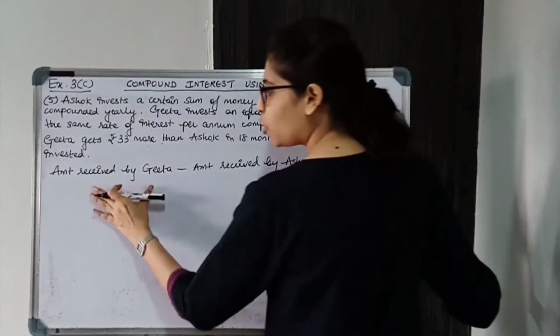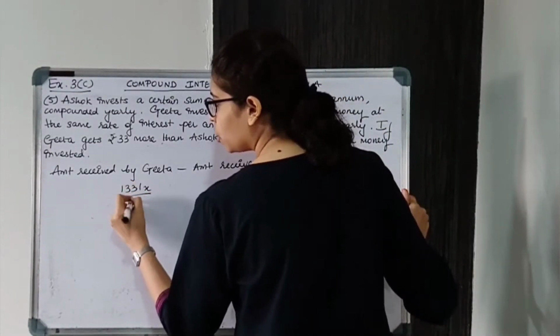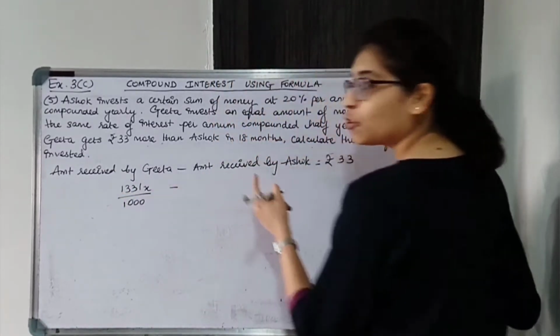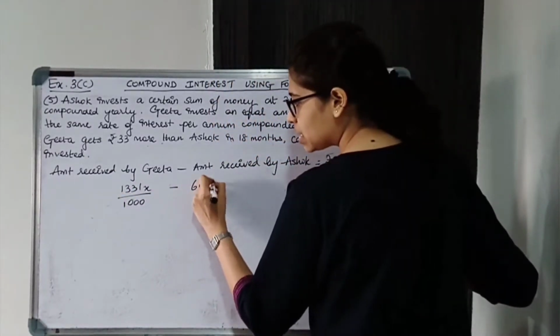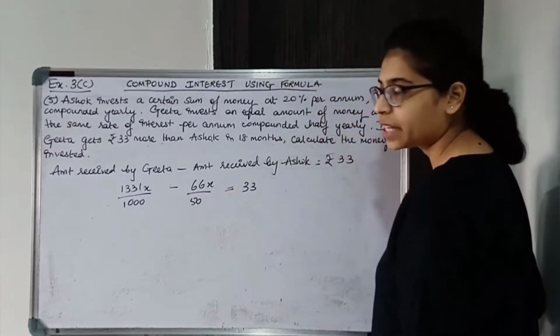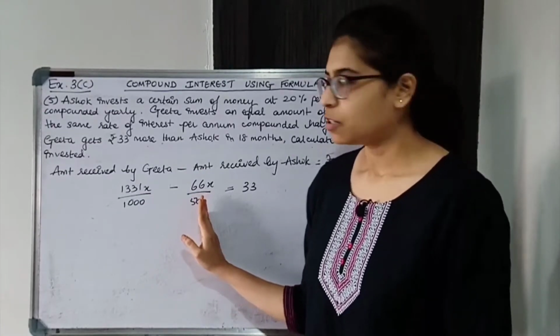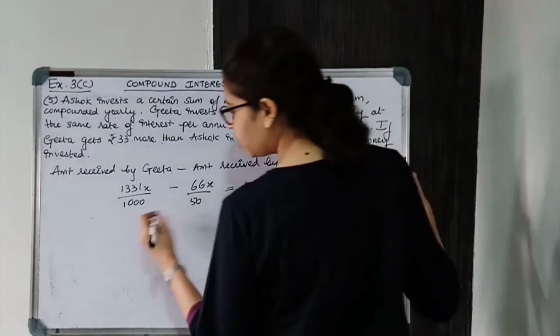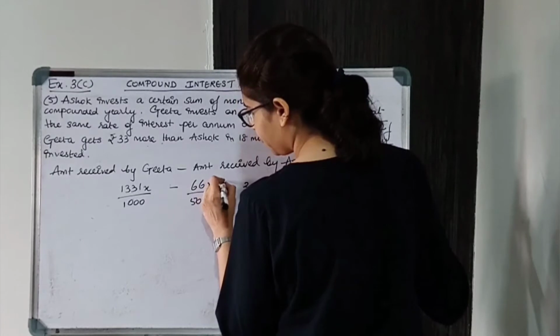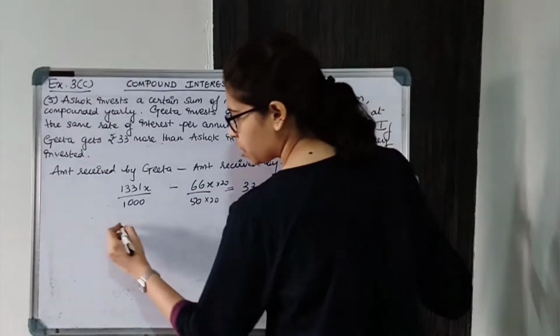So amount received by Geeta is 1331x upon 1000. Amount received by Ashok is 66x upon 50, is equal to 33. First we'll solve this part. We'll take LCM. Okay, so over here we'll multiply by 20. Okay, so 50 into 20 will give you 1000.